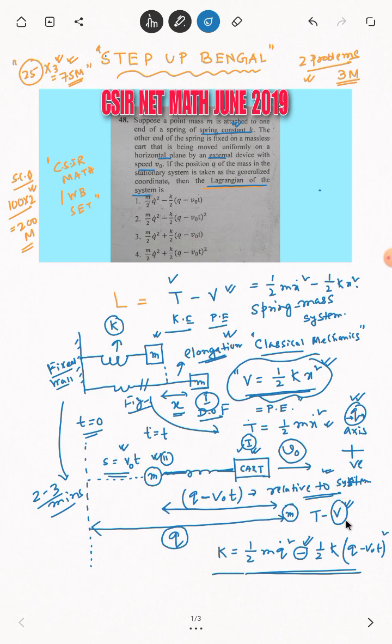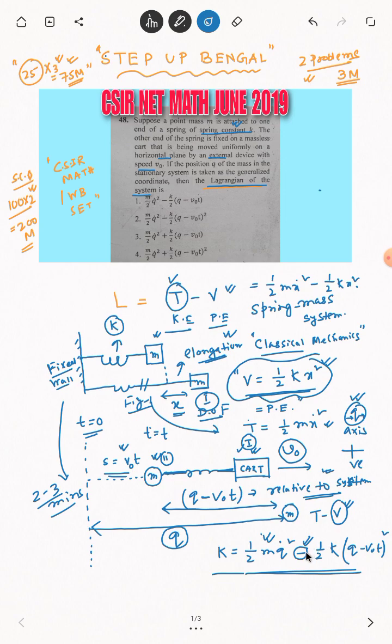Ultimately, kinetic energy will be half m x dot square. X dot is very similar to q dot, so this is clear, but it is given in all the problems, so there is no need to bother about kinetic energy. Only the potential one is different in each case.